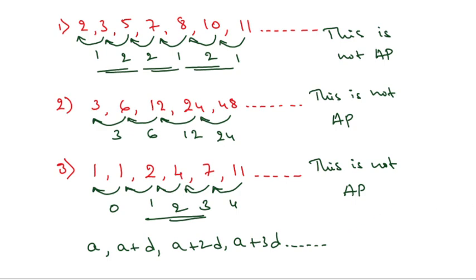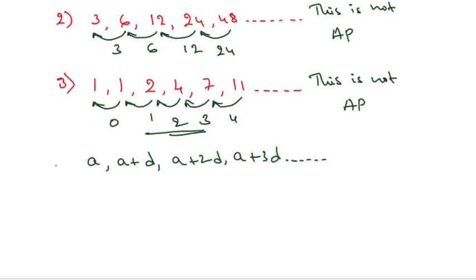For example, if I say write an arithmetic progression in which a is equal to 3 and d is equal to 2, then how will you write? The first term is 3, a plus d, 3 plus 2, 5. Next a plus 2d, 3 plus 2 into 2, 4. So 3 plus 4 is 7.